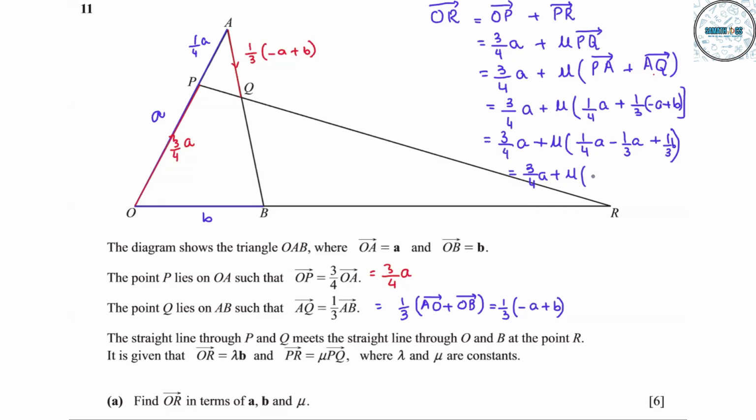So 12 will be there in the denominator. 3 minus 4 would be minus 1. So minus 1 upon 12 a plus 1 upon 3 b. So this is OR, which is in terms of a, b, and mu.